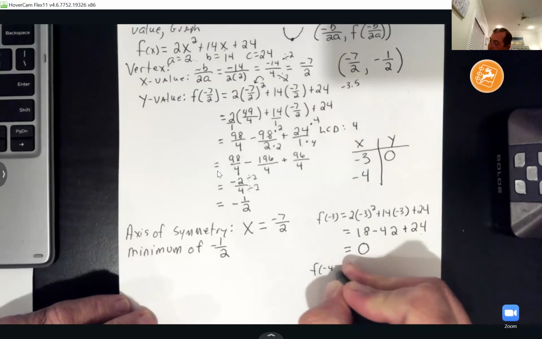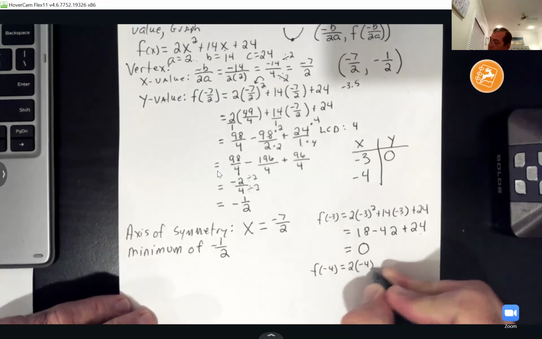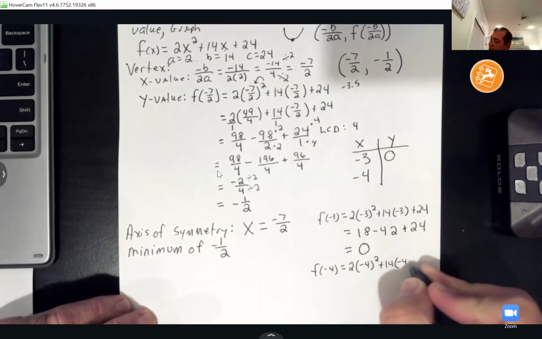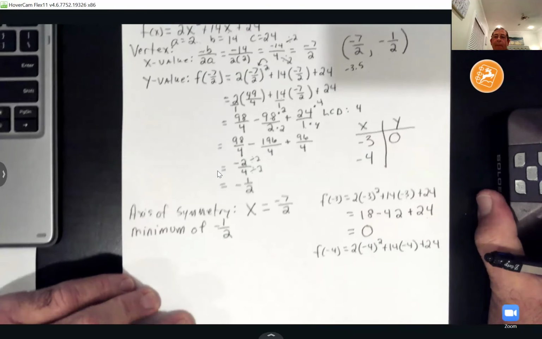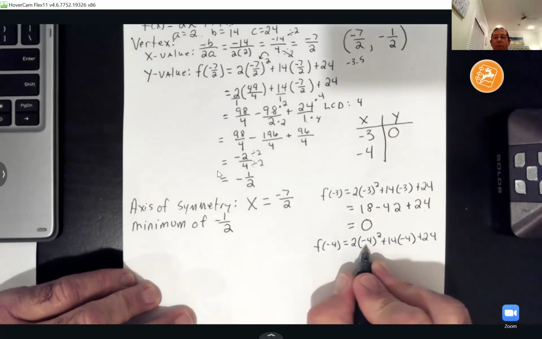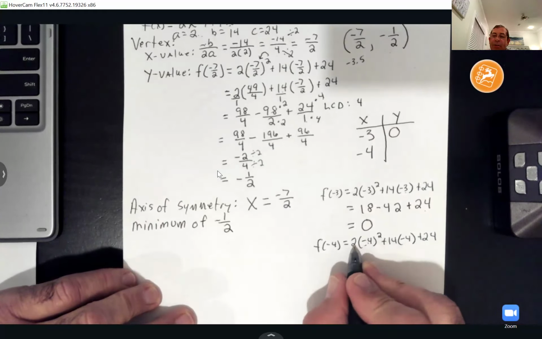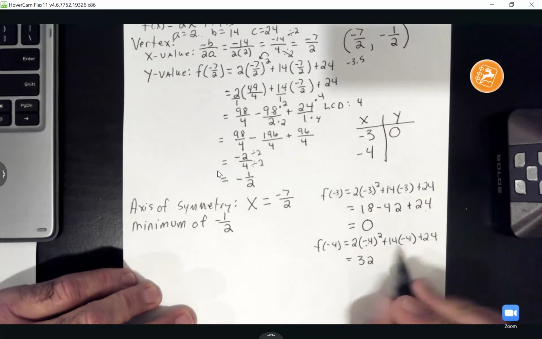So my other one was what? F of -4. So 2 times -4 squared plus 14 times -4 plus 24. So y'all, -4 squared is 16. 16 times 2 is 32.